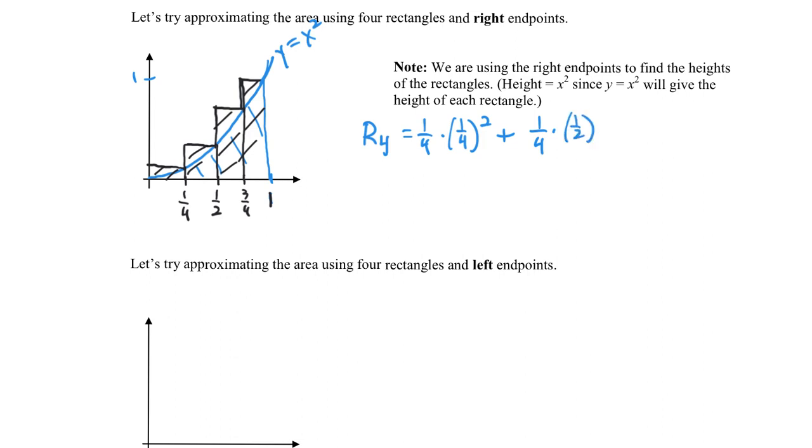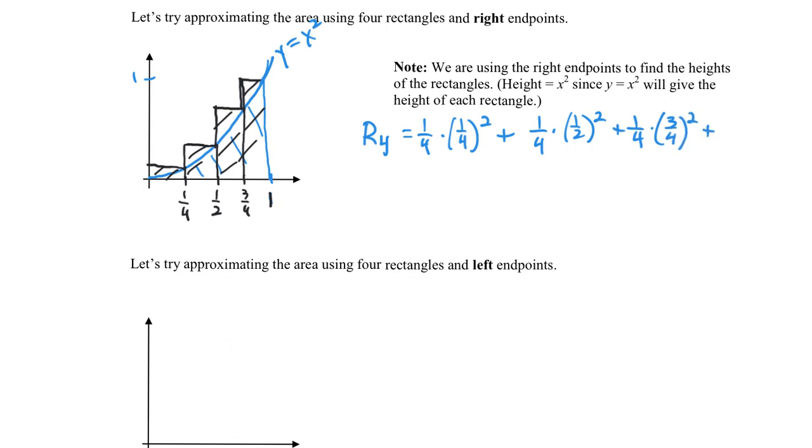So multiply by 1/2 squared. And then the same thing here, base is 1/4. The height of the third rectangle is just 3/4 squared, right? You plug it in there. So you get plus 1/4 times 3/4 squared.